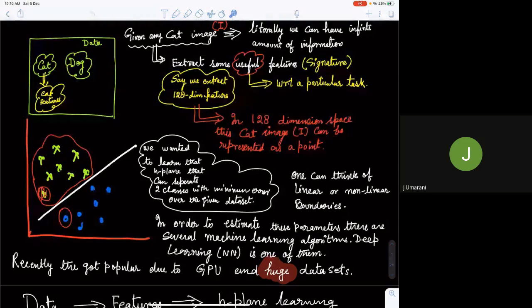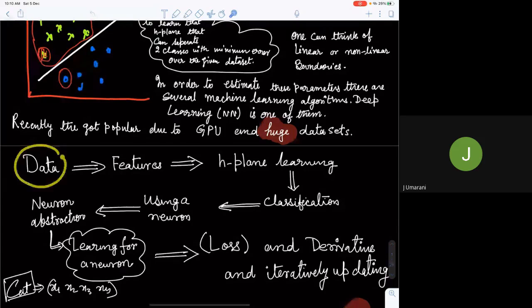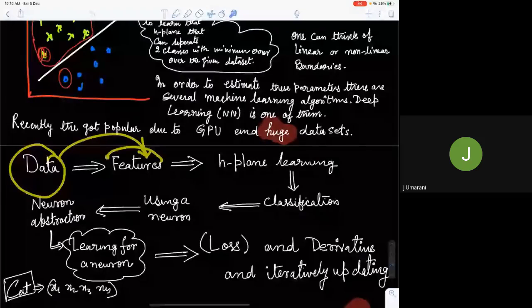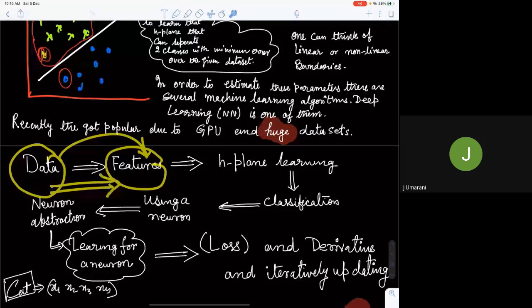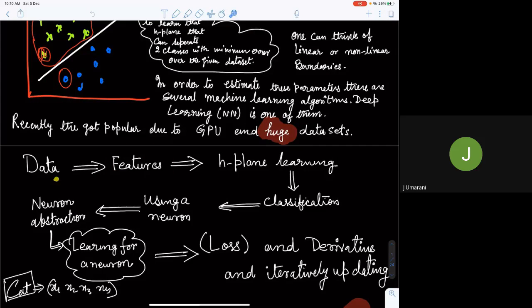You all must have seen this in the fully connected network, or given any single layer neural network or single neuron. First we need to start with the data. From this data, we try to come up with some features over which we are interested to work. Several times, we had to depend upon handcrafted features like SIFT, SURF, HOG, Hough, and many different types of features available in the literature.